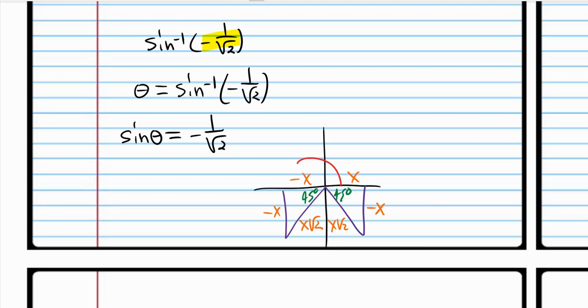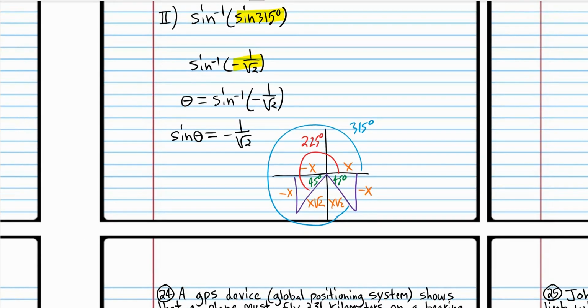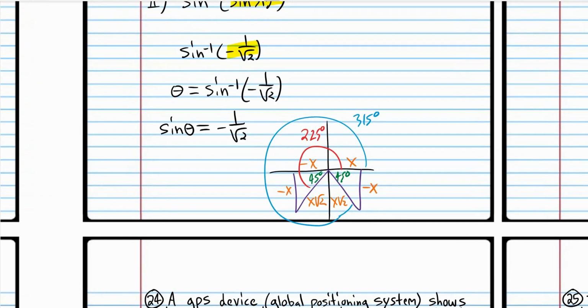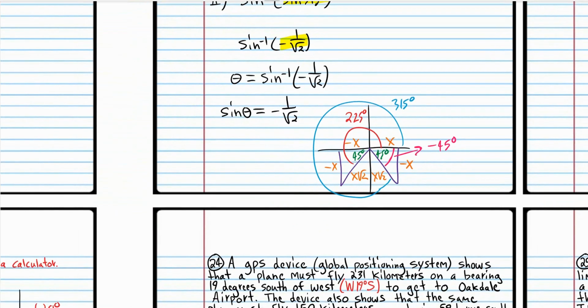And one angle is 225 degrees. And the other angle is 315 degrees. But neither of those angles are within the sine inverse range restrictions. So we have to rotate in the other direction, the clockwise direction, and we see that the number we're looking for is actually negative 45 degrees.